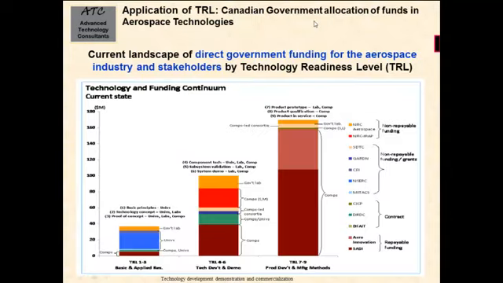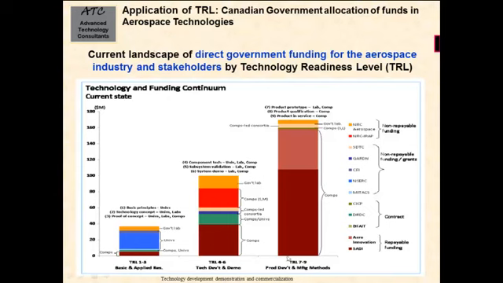Here's another example where TRL level is used by the Canadian government for allocation of funds in aerospace technologies. It's very interesting. This is the technology and funding continuum, current state. The vertical axis is millions of dollars.